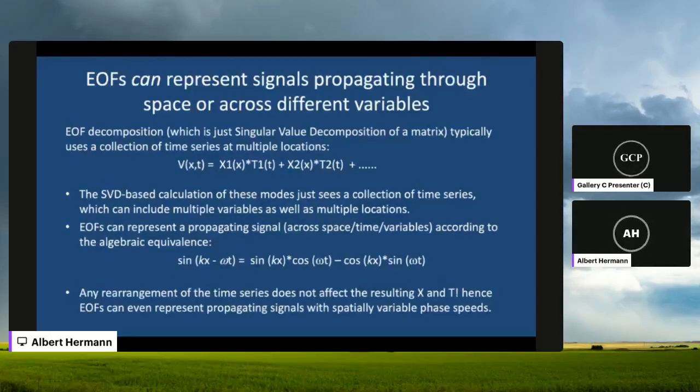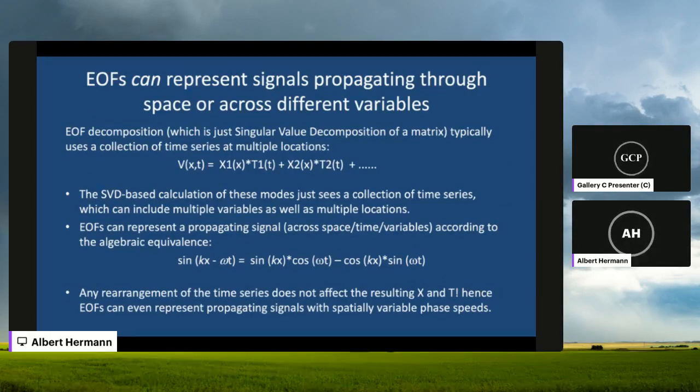Now, I suggested in the abstract for this talk that one of the downfalls of EOFs is they have a hard time representing propagating signals, but you can actually represent propagating signals with standard EOFs.